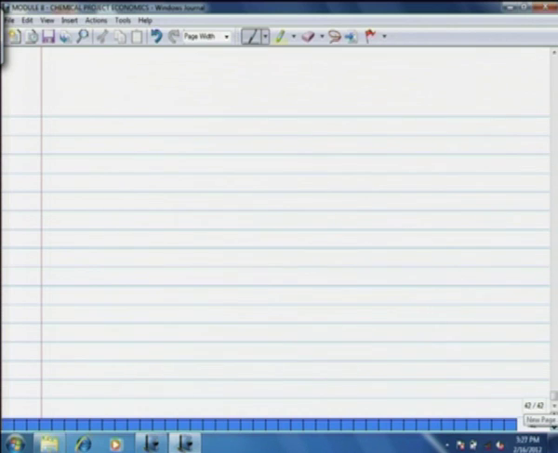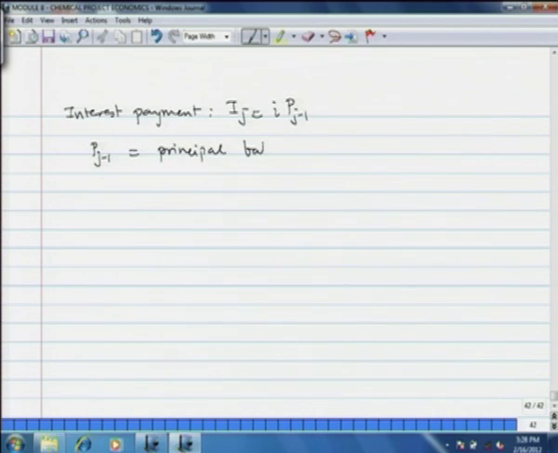Now principal for the jth period is P(j minus 1). So the interest payment will be Ij equal to I into P(j minus 1), where P(j minus 1) is the principal balance after payment j minus 1.